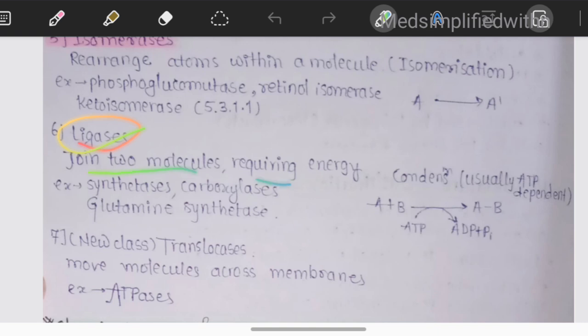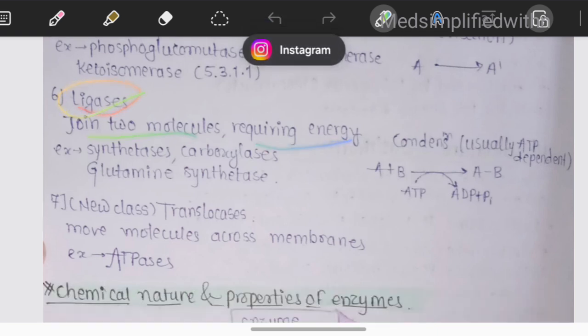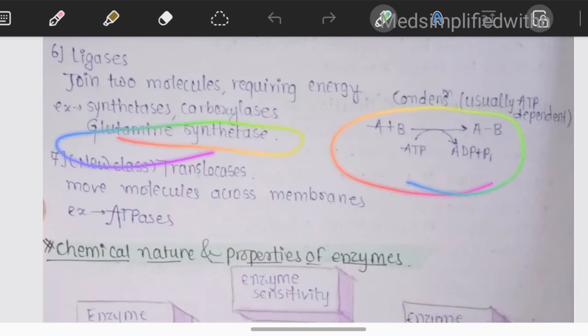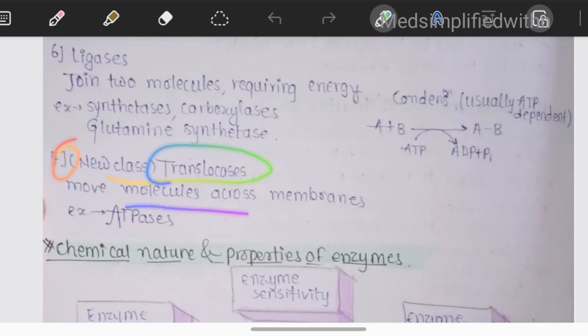They join two molecules requiring energy; examples are synthetases, carboxylases, glutamine synthetase. This is the reaction. It is originally a condensation reaction and usually ATP dependent. Here is the one new class, the translocases, which move molecules across membranes, for example ATPases.